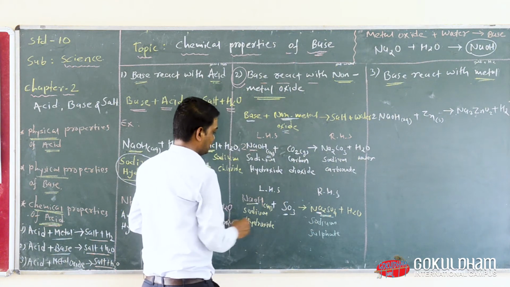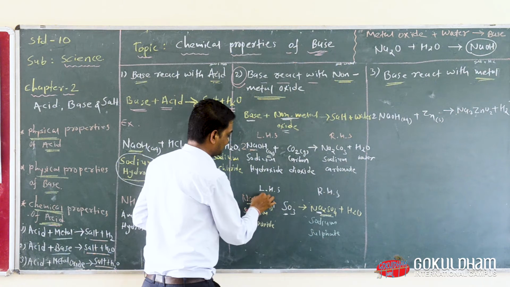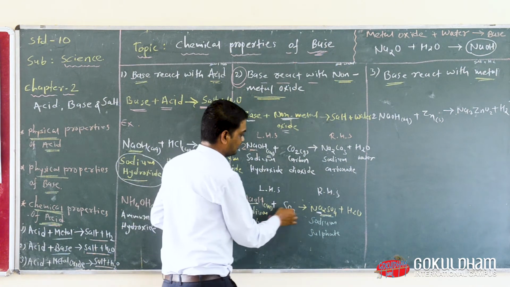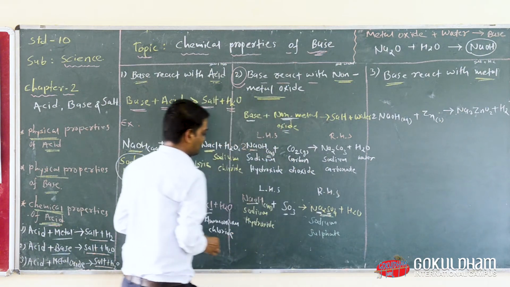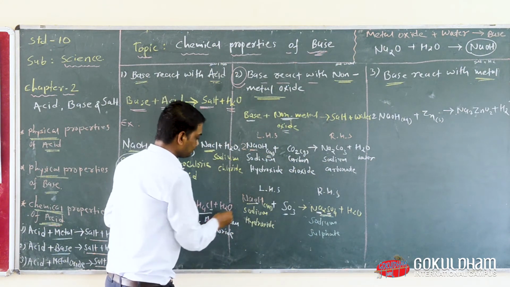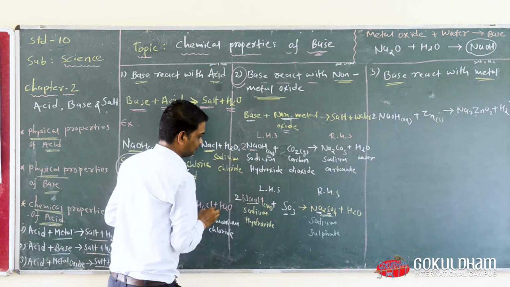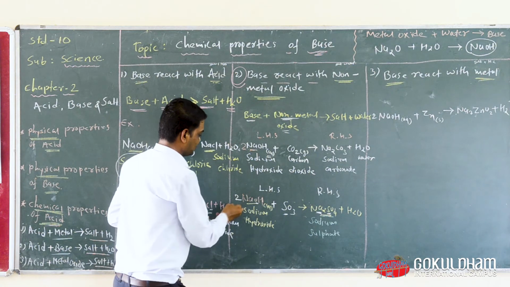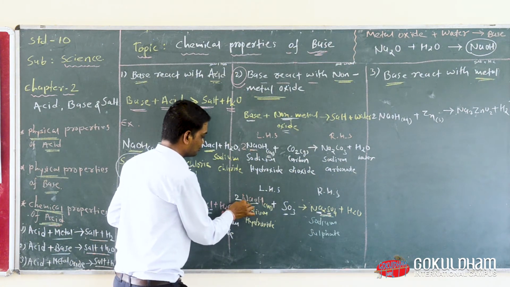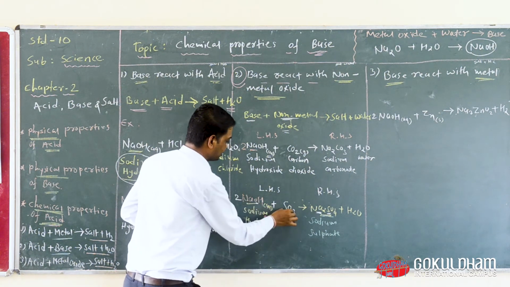Last and final one, sulfur. On the left hand side 1 sulfur is present, and on the right hand side we have 1 sulfur. Now when we write 2 here, at that time our equation is balanced. 2 sodium, 2 sodium, oxygen 2 plus 3, 5.